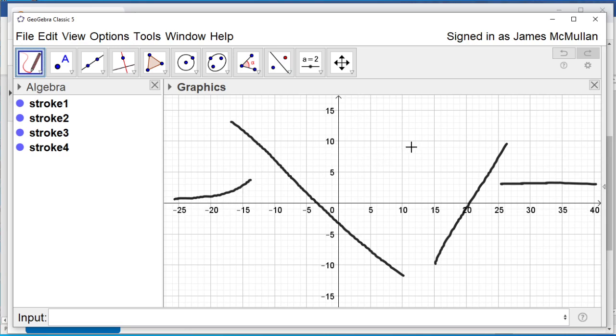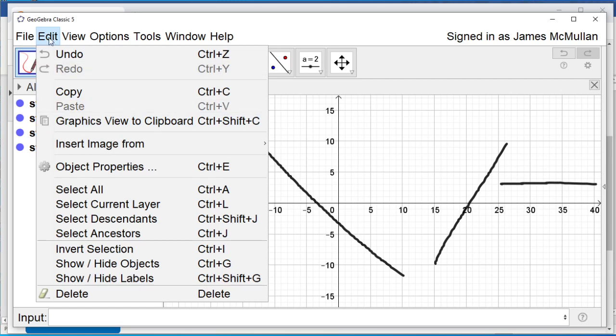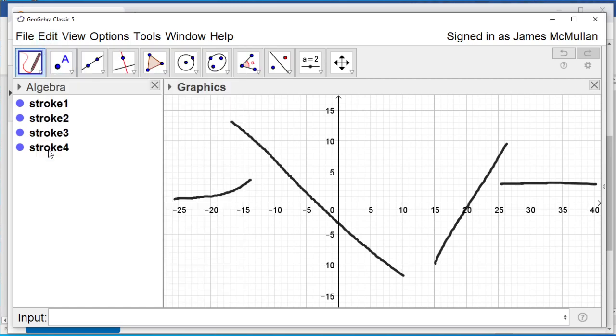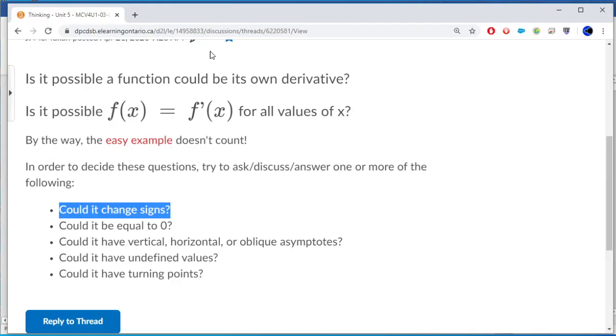But if this ever actually goes through the x-axis, you can't do that. You can't draw a function that goes through the x-axis and expect it to be its own derivative. So all I'm asking you to do, if you were thinking about this and not sure what to say, is consider some of these questions and show me whether it would be able to do this or not.